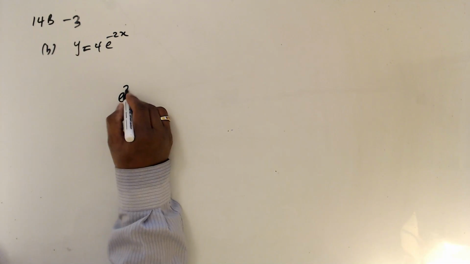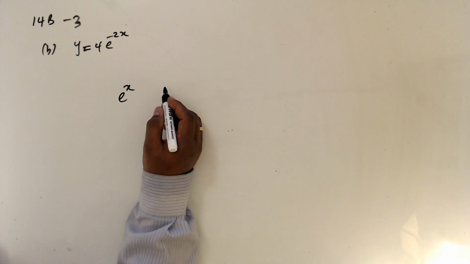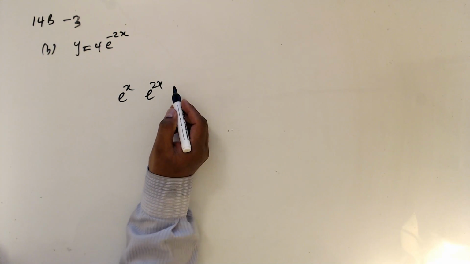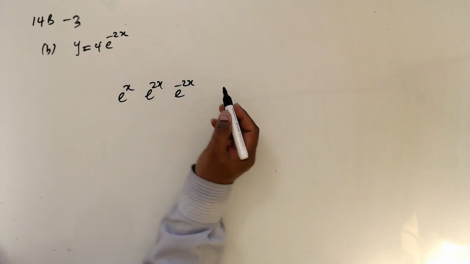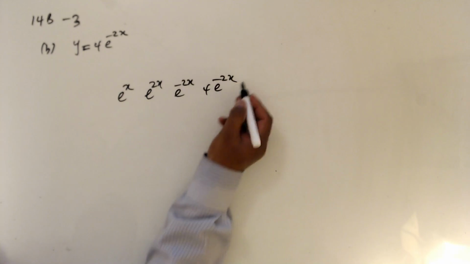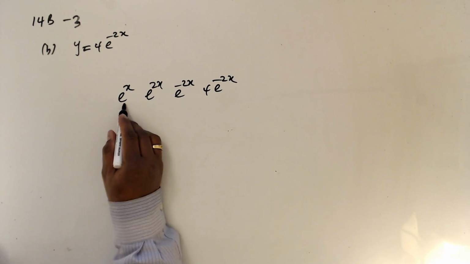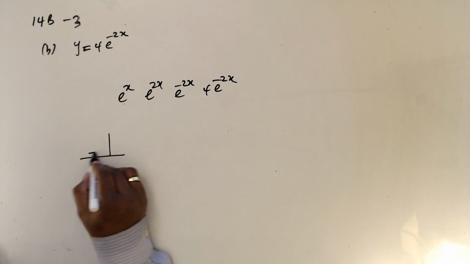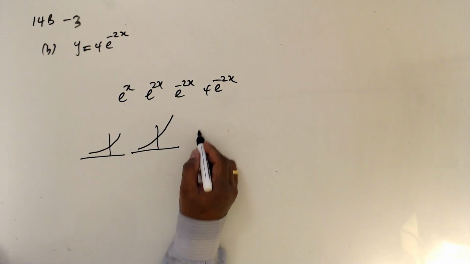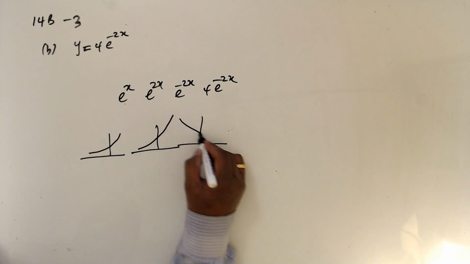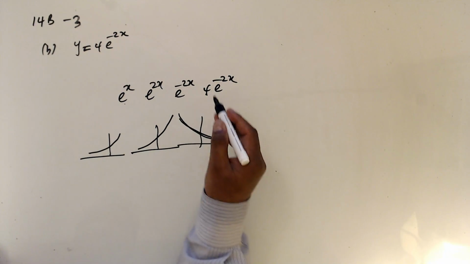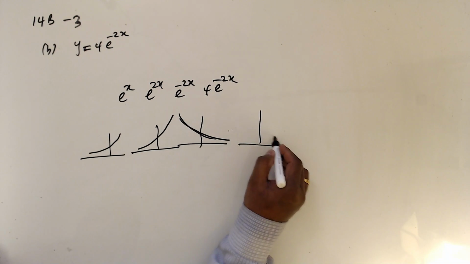I know e^x, then I know e^(2x), then I know e^(-2x), then I know 4e^(-2x). I know e^x like this. e^(2x) is much steeper. e^(-2x) is the opposite side, the same size. Then it is going to be 4 times, so it is much steeper.